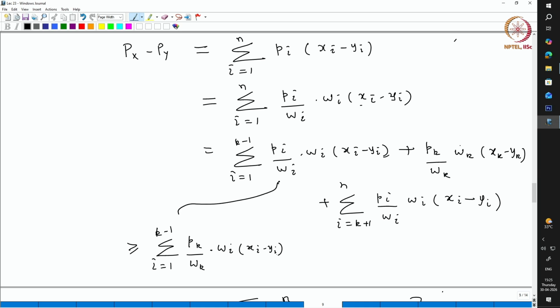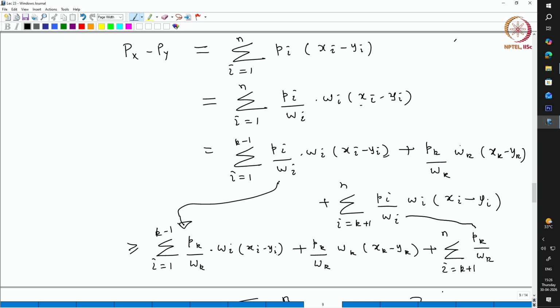We have seen that this replacement reduces the value term by term. Then Pk by Wk, this is the kth term, I am not touching this at all, times xk minus yk, plus sigma i going from k plus 1 to n of Pk by Wk.